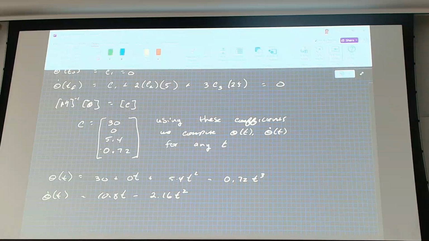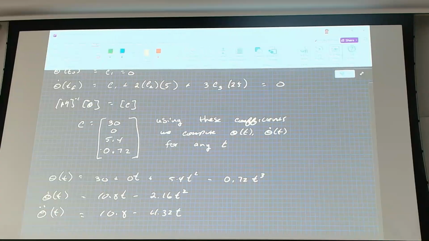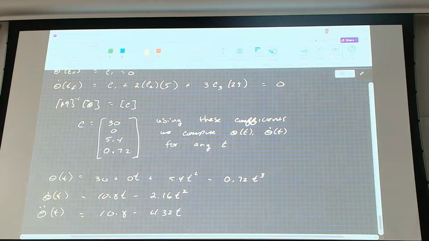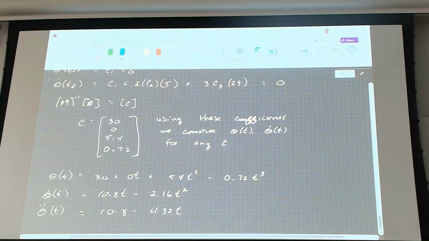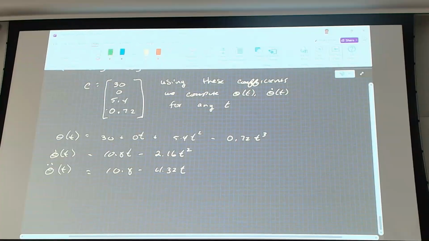It also means I can take the second derivative of theta and find my accelerations at any point in time. I would see this as 10.8 minus 4.32 t. And so we see that we have a linear acceleration, and a constant jerk if we look at the jerk as well.